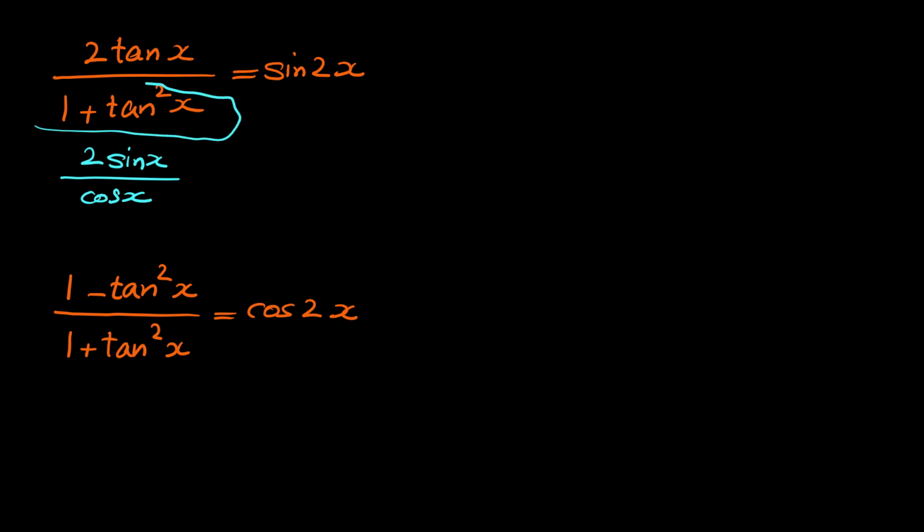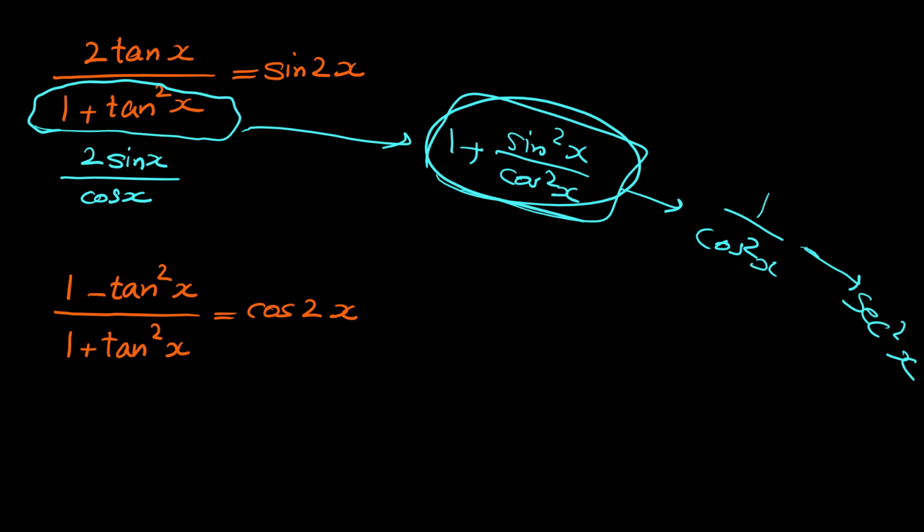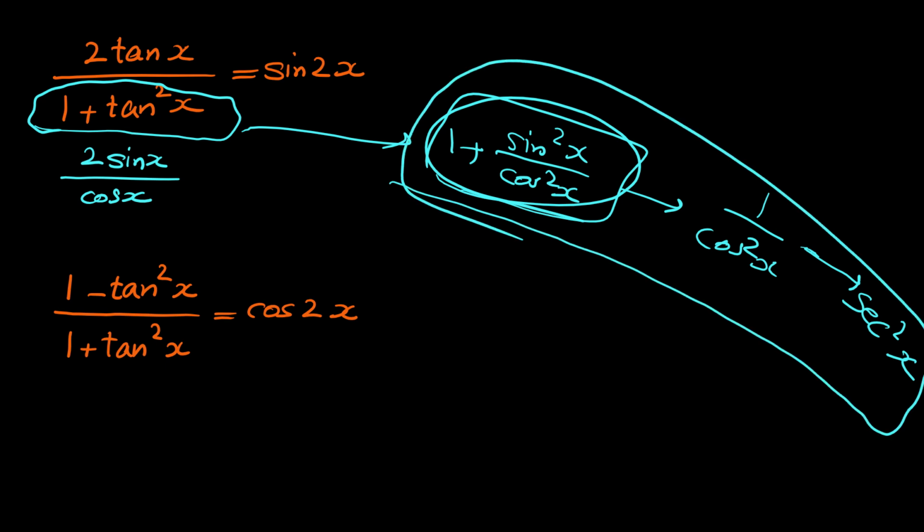What about this? For this, you have two choices. You can say 1 plus tangent to the 2 is 1 plus sine to the 2 over cosine to the 2. Then if you do a common denominator between these two, you would see that this equals 1 over cosine to the 2. And finally, 1 over cosine is secant, so this is secant to the 2. But instead of writing all of this, there is a better way for simplifying this denominator.